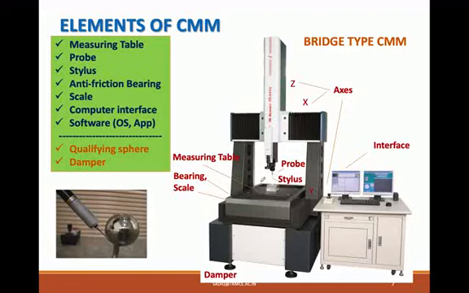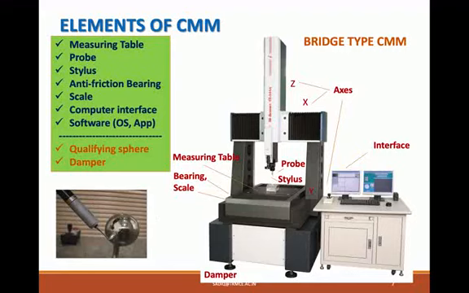I have told you that there is a stylus tip. See, this is a stylus and this is a tip, a red tip, and we cannot state the diameter of this tip. I have told you that during measurement, the system takes the center point of the spherical tip for computation.